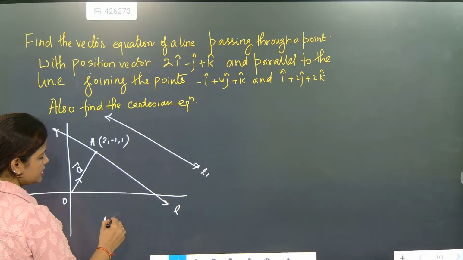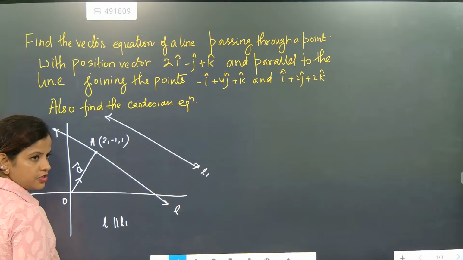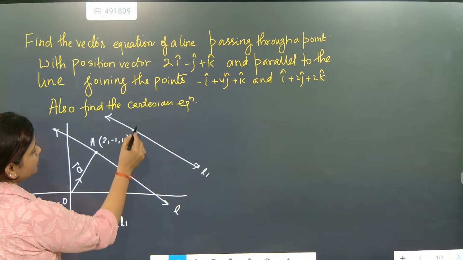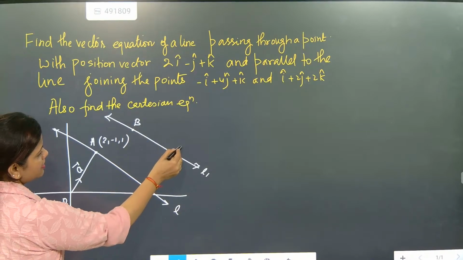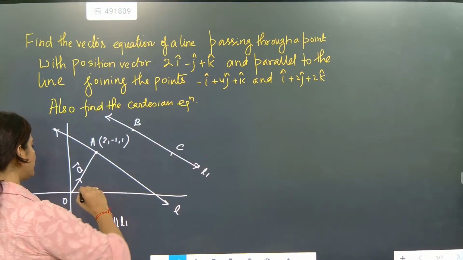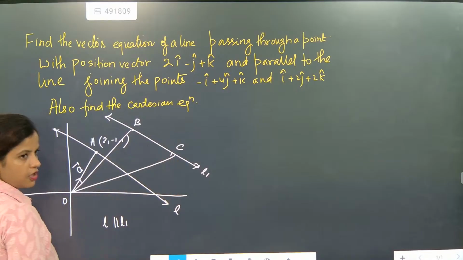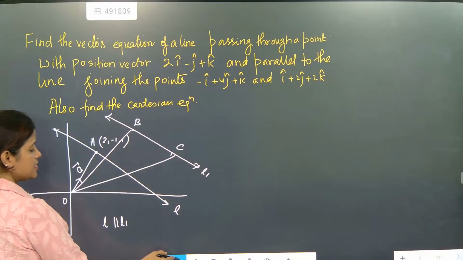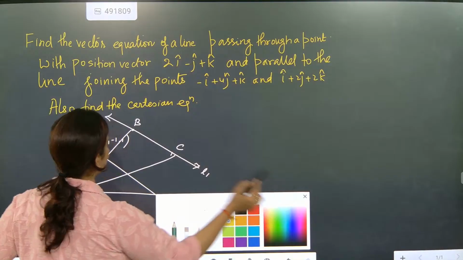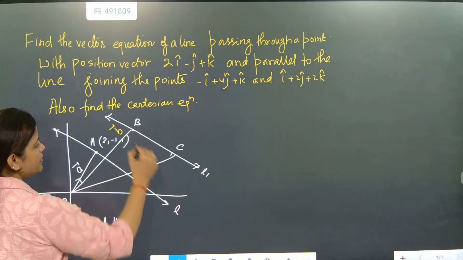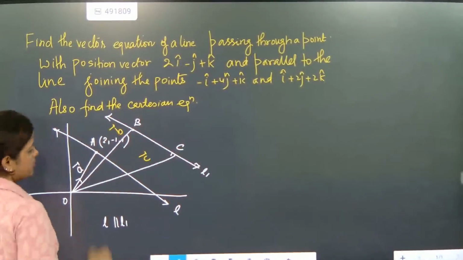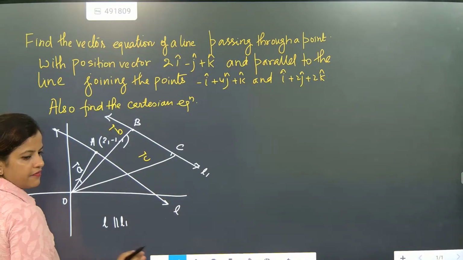So L is parallel to L1. Understood? And L1 has the points, we will take them as B and C. Got it? So first we will connect everything. This part is parallel, so this will become B vector and this will become C vector, and this part is considered as A vector.